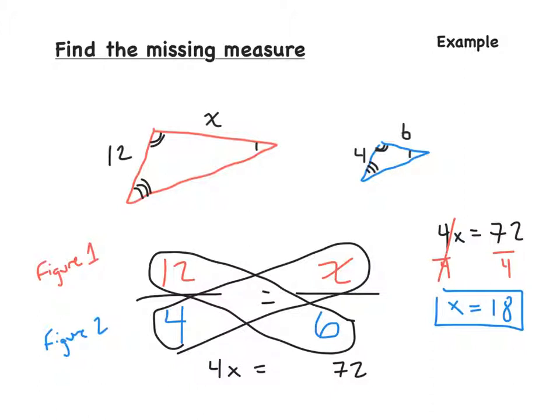You can look at it different ways. If it helps to set it up with the butterfly method, go right ahead. If you can just see that it's going to be 18, because 4 times 3 is 12 and so 6 times 3 must be x, then you can solve it that way as well. Either way is perfectly fine.